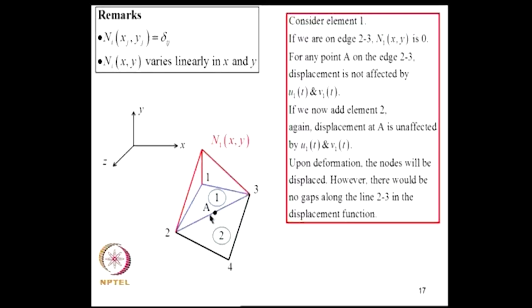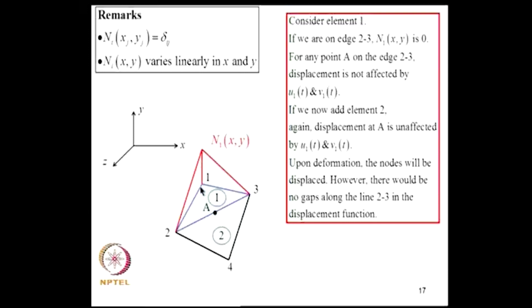N1(x, y) here is 0. So, when I write the displacement field u, it is not affected by the nodal value u1, because that will be multiplied by N1, which is 0. Only u2 and u3 contribute to the value of the field variable at A. So, for any point A on the edge 2, 3, displacement is not affected by u1 and v1.